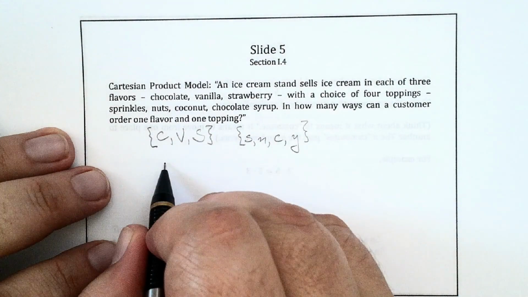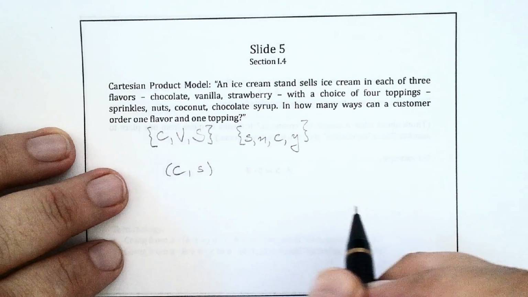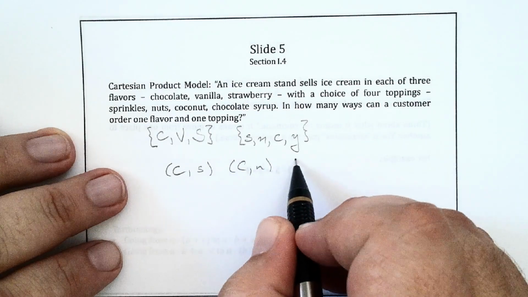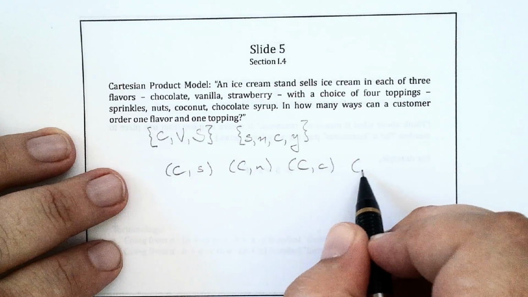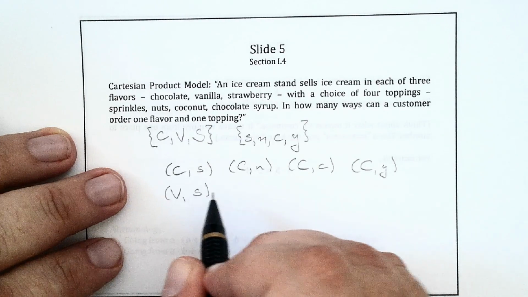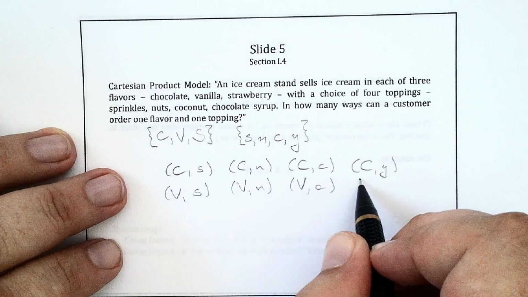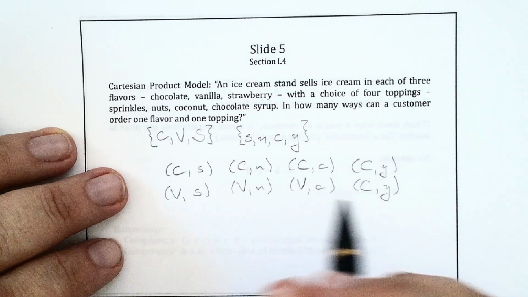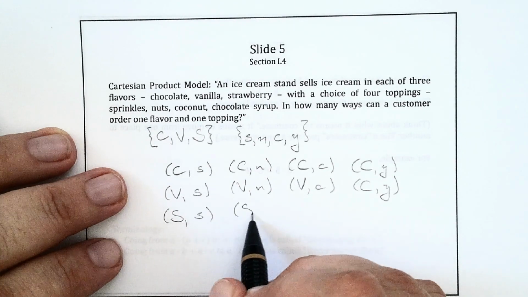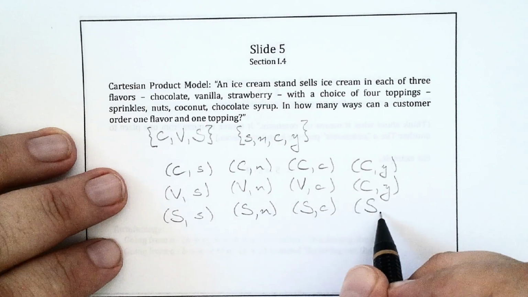And yeah, I can just make an array, basically, of all the pairs. We've got chocolate and sprinkles, chocolate with nuts, chocolate with coconut, chocolate with syrup, vanilla with sprinkles, vanilla with nuts, vanilla with coconut, vanilla with syrup, strawberry with sprinkles, strawberry with nuts, strawberry with coconut, strawberry with syrup.